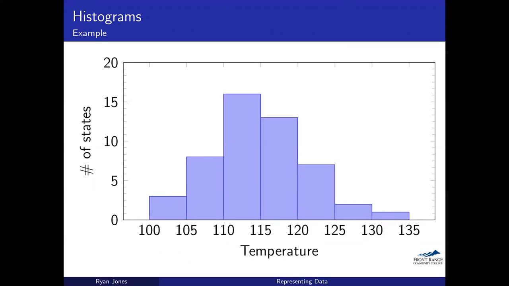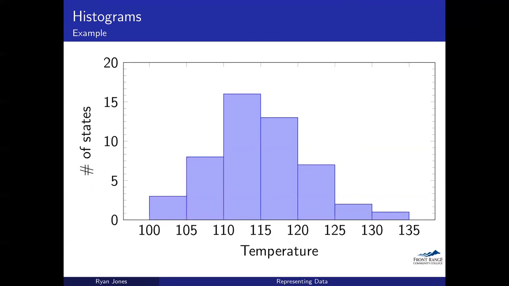Another difference is that I don't actually explicitly list the intervals. You'll notice I just write 100 and then 105. And so that's actually assumed to be 100 to 104, just right up to that edge. And then this bar represents 100 to 104. This bar represents 105 up to 109.